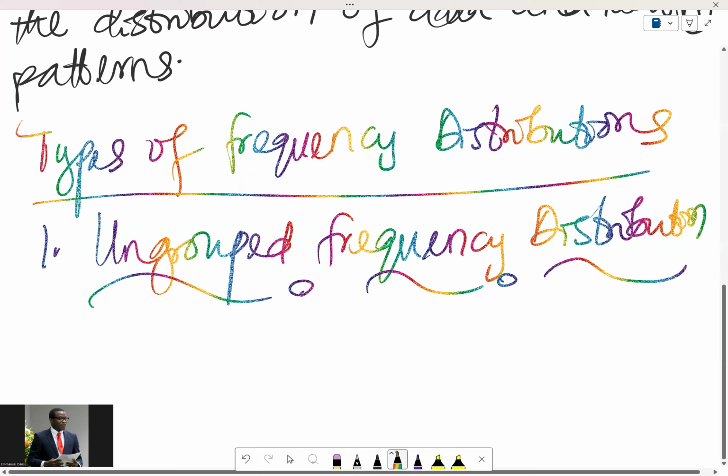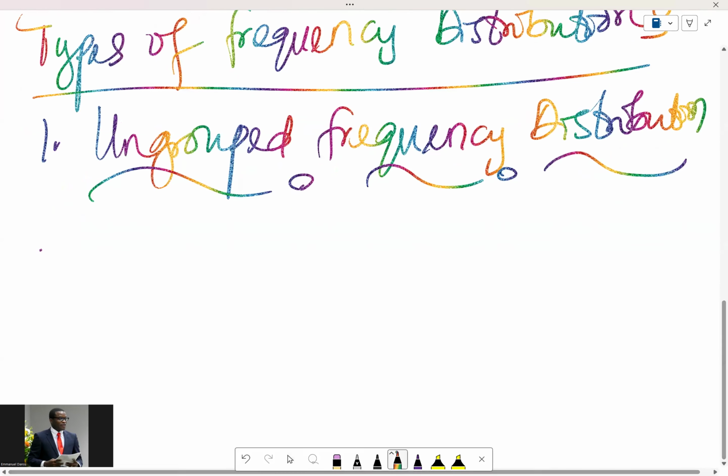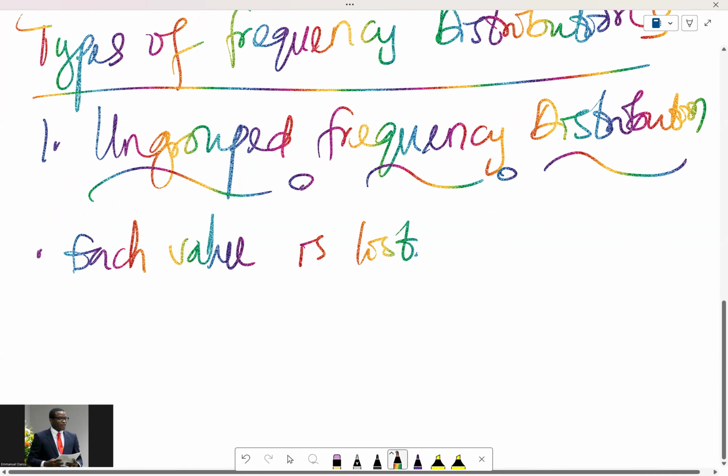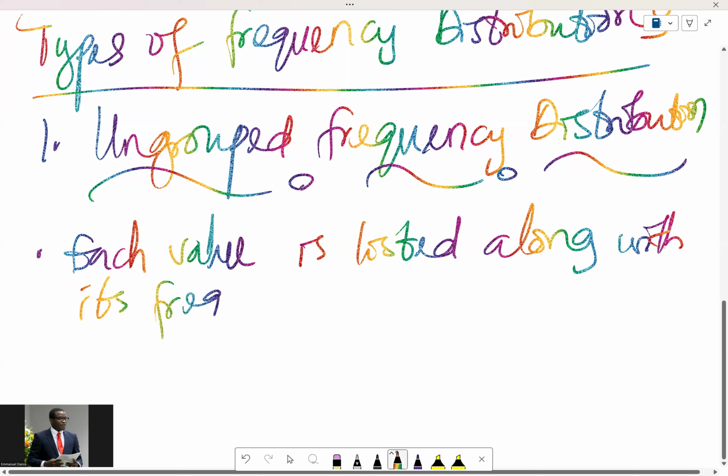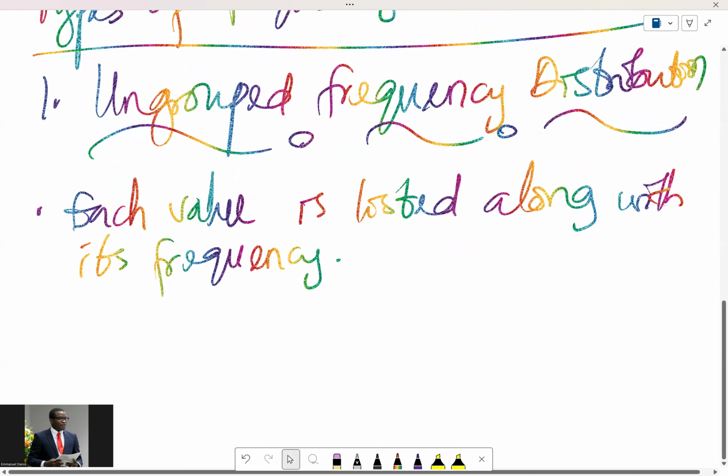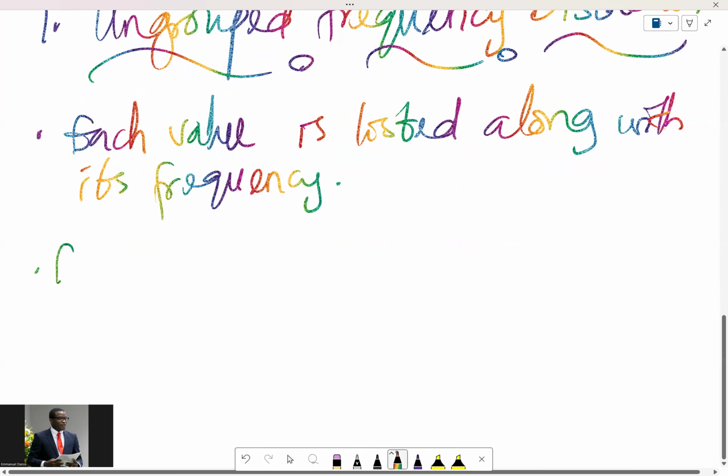Okay. So in this case, each value is listed along with its frequency. So here we just have a single value. An example of that would be something like this.